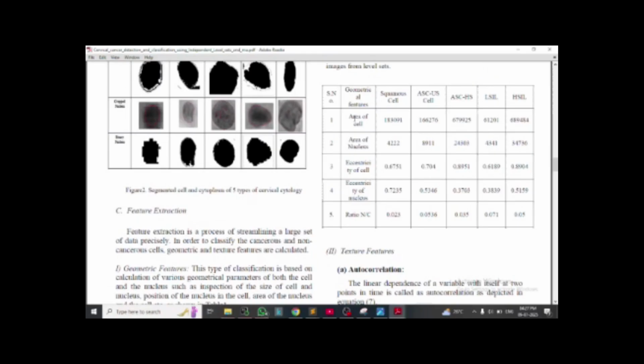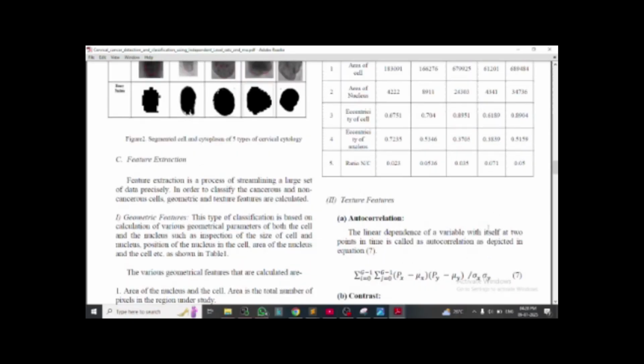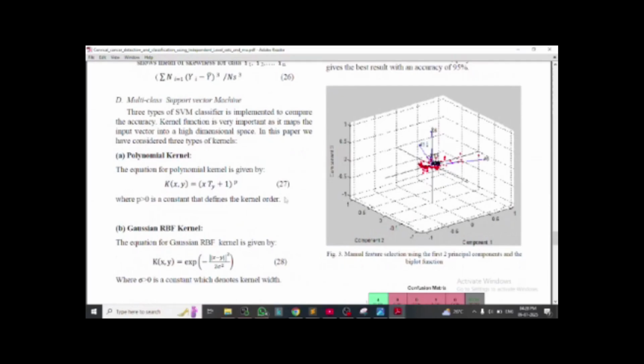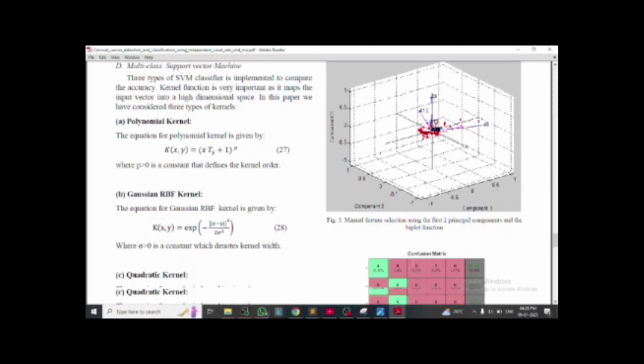Geometrical features: area of cells, area of nucleus, eccentricity of nucleus, ratio N by C. Then they did calculation and then manual feature selection using the first two principal components and the biplot functions.